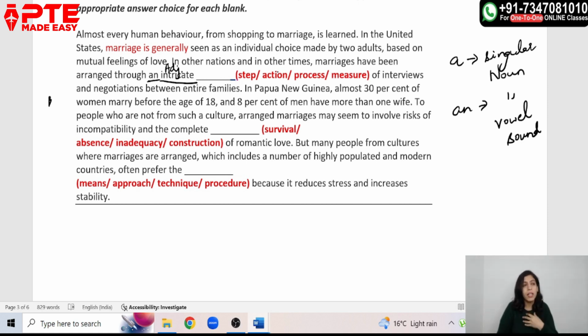I was not told this until I was in fifth standard. I'm pretty sure about it. So I got to know this quite late. But if I know this, I want you guys to know this properly. So honorable, honest, it has the O sound. That's why we use an with these two words.